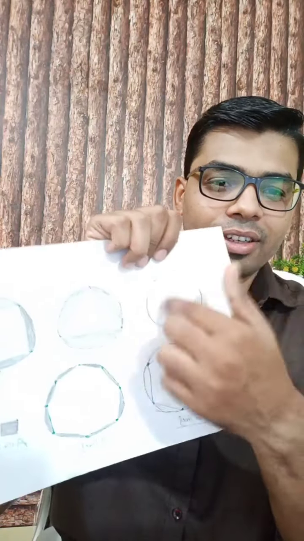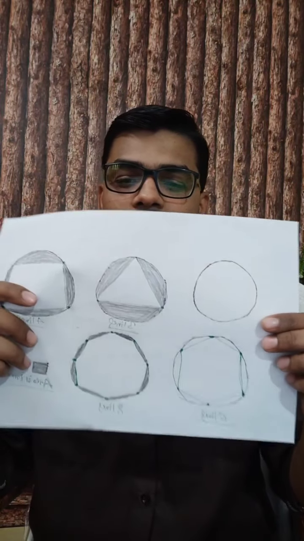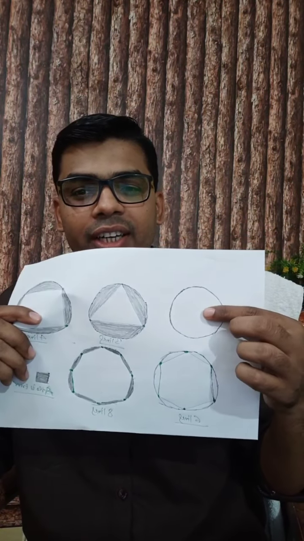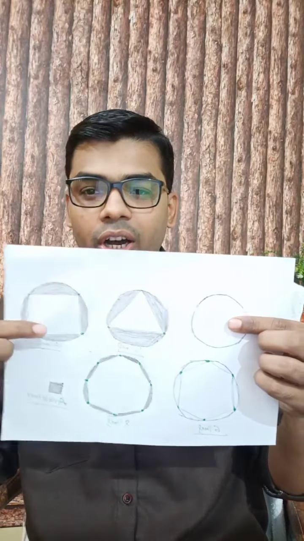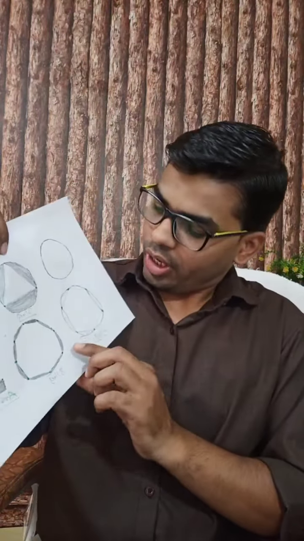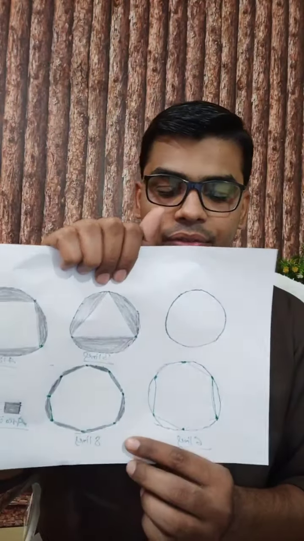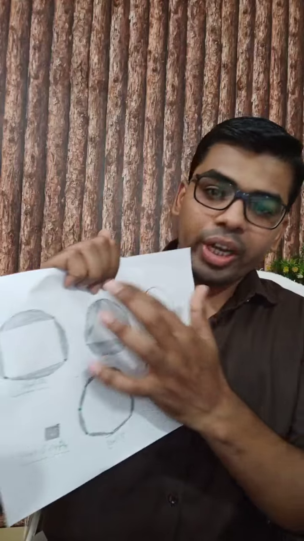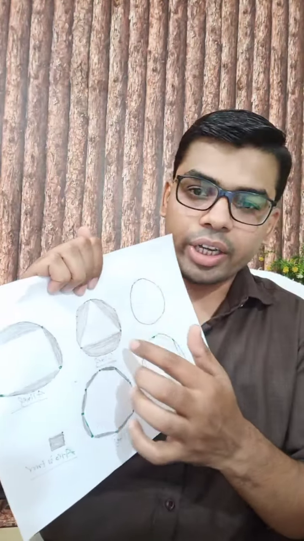Don't mind it, I just roughly drew it freehand. This is the one circle, and here there's a triangle with 3 lines, 4 lines, 6 lines, 8 lines. Up to here I have plotted. You can easily see this shaded area, this is the area of error.